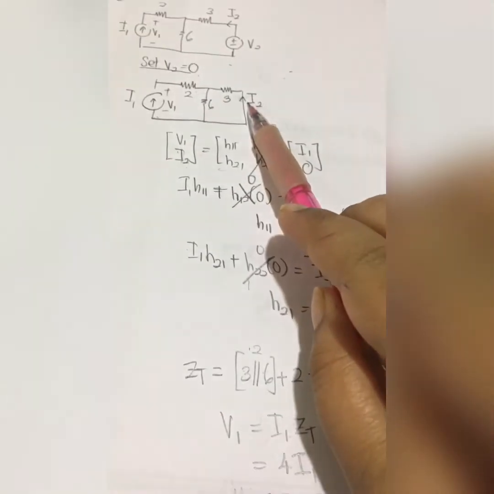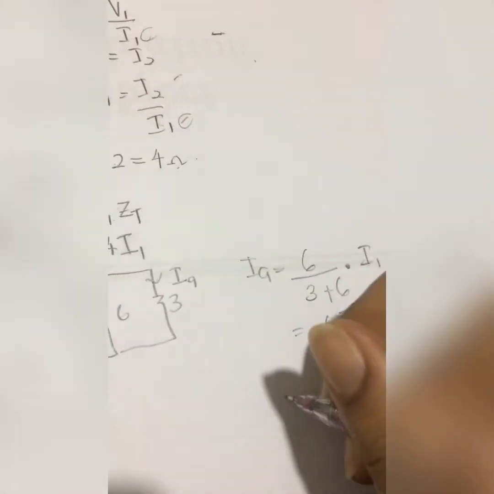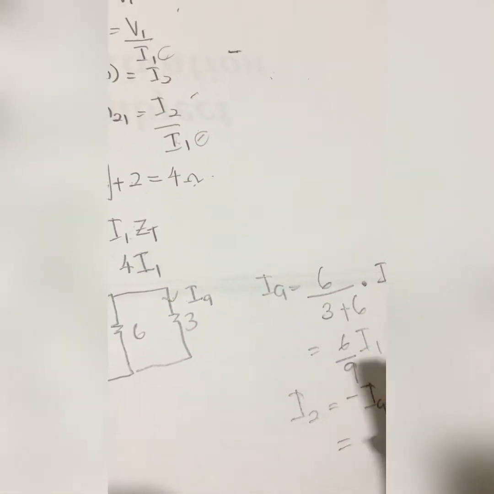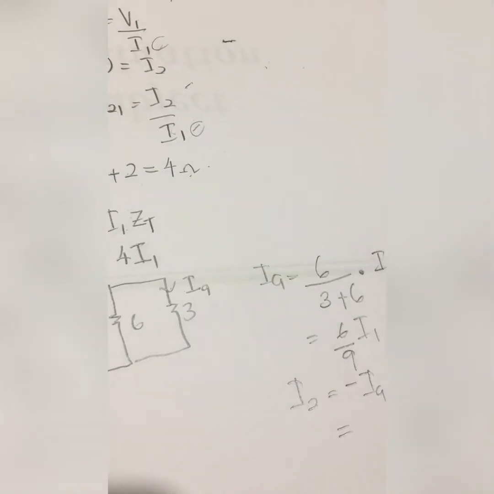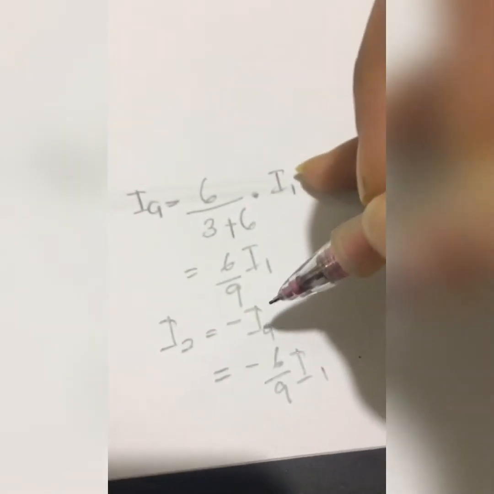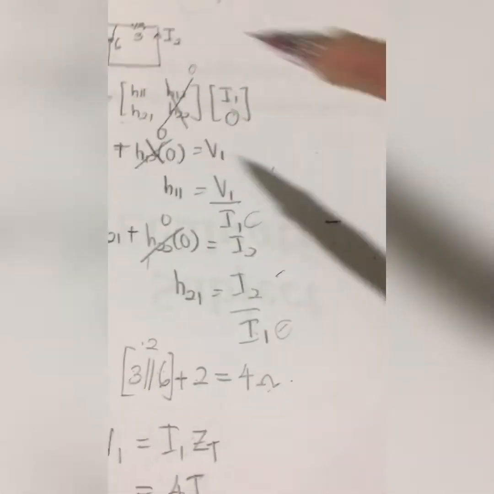So basically I2 is equal to negative IA. Sorry, not inverse, it should be negative of current, because it flows in a different direction.